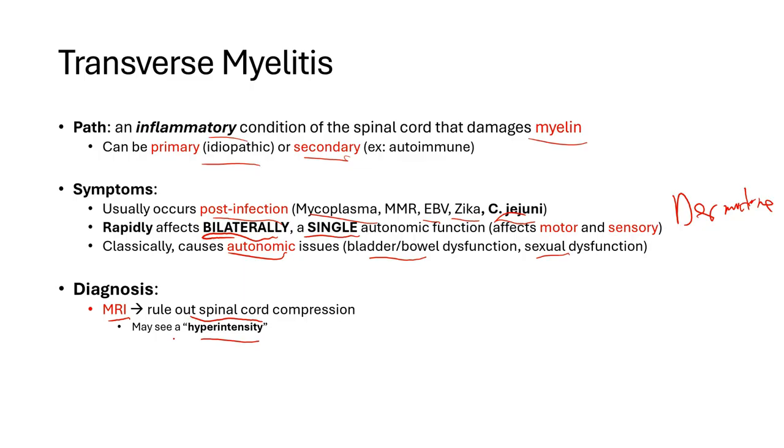It is not always indicated in order to diagnose the disease, but we always get it with transverse myelitis in order to look for other things that may be explaining this disease, aka secondary transverse myelitis. Thus, on test day, you definitely want to make sure you order an MRI for transverse myelitis.